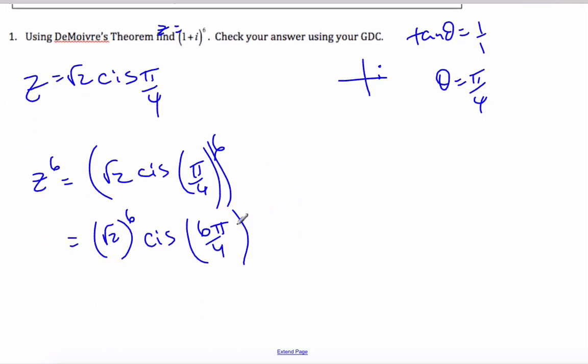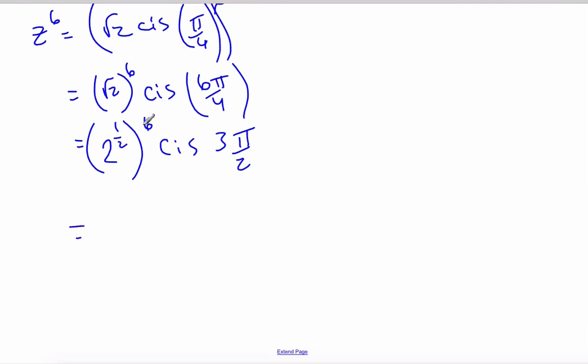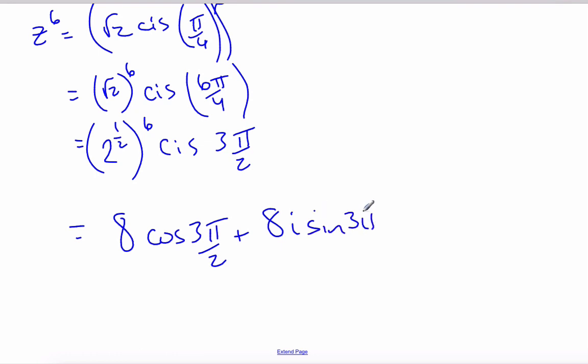I know that this is 2 to the 1/2 times 6, cis 3 pi by 2, which is 2 to the power 3, which is 8, cosine 3 pi by 2 plus i sine 3 pi by 2. Well, I could just say this is 8 cis 3 pi by 2.